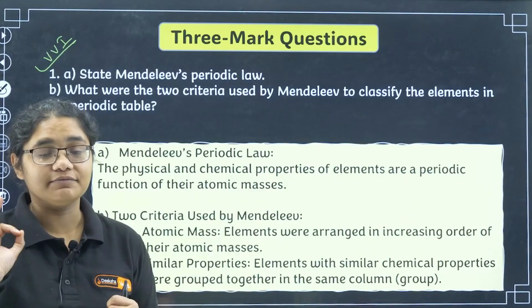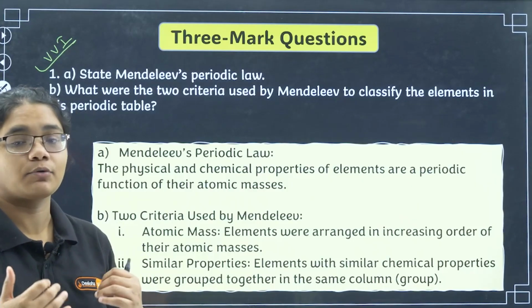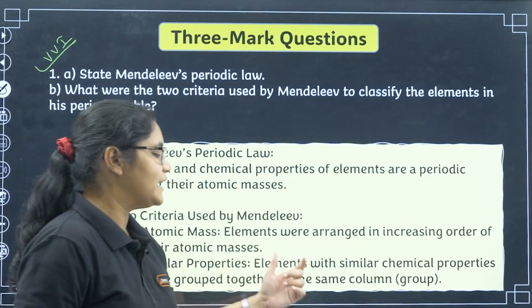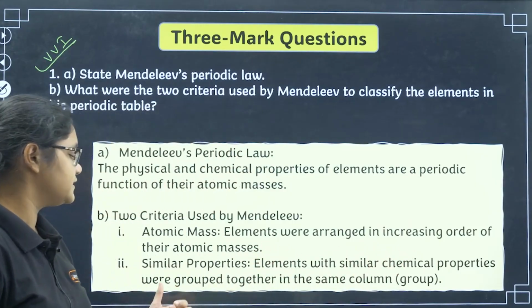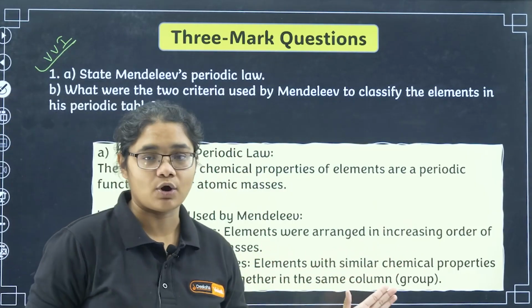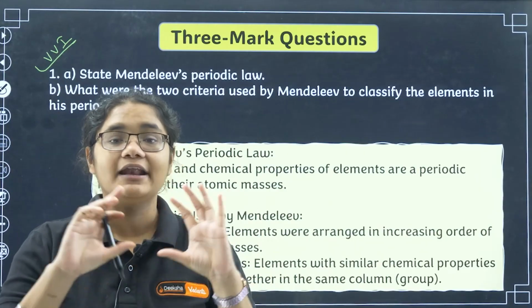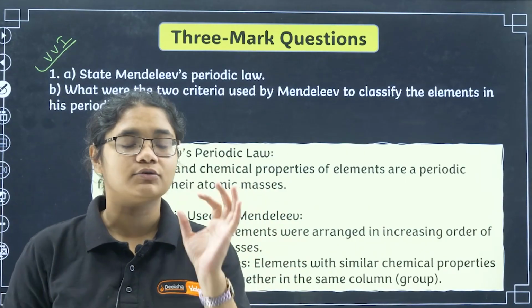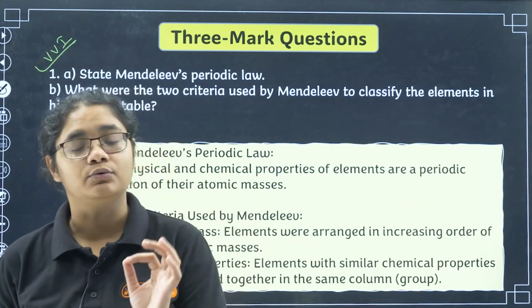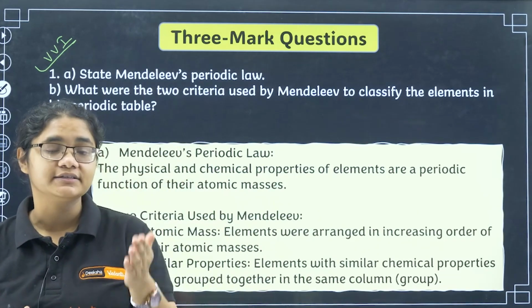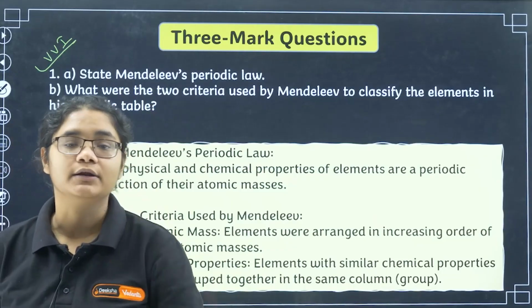The second criteria which he kept in mind was the chemical properties of the elements. Elements with similar chemical properties were grouped together in the same column. If you remember, Mendeleev's periodic table had groups and rows. The vertical columns were called groups, the horizontal rows were called periods. So all those elements which have similar properties should come in one group only.